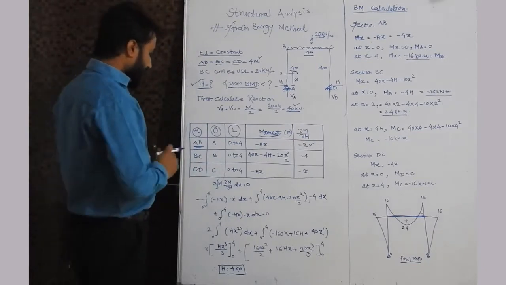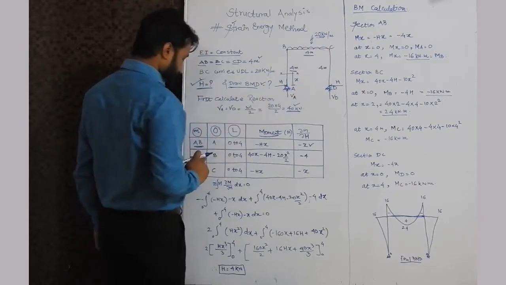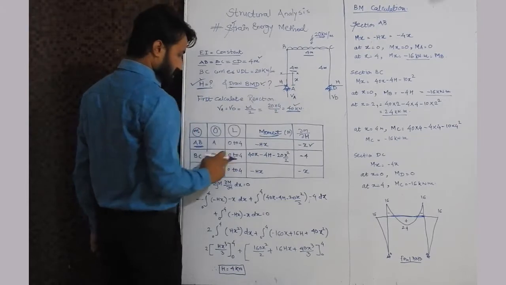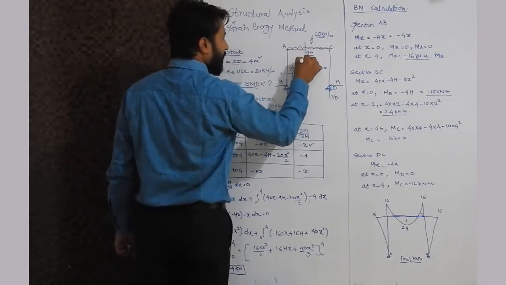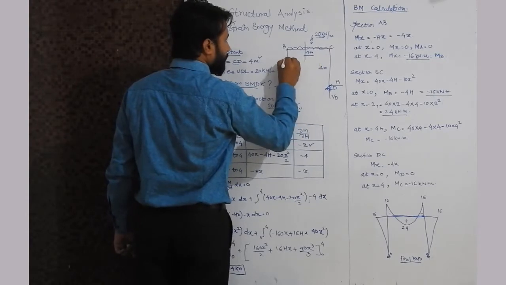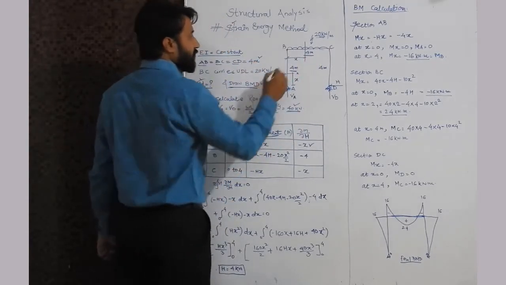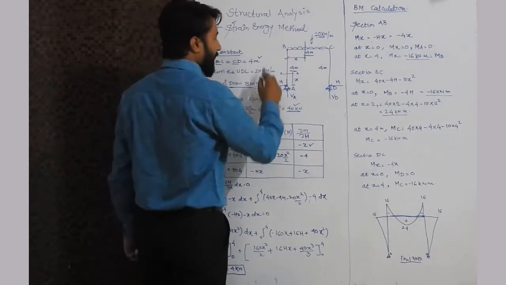Now similarly we will talk about member BC. For member B to C, the origin is B and the limit is 0 to 4. Now we will calculate the moment. For the moment we will make a section at a distance of x from B. Now at this section, what kind of moments are acting?